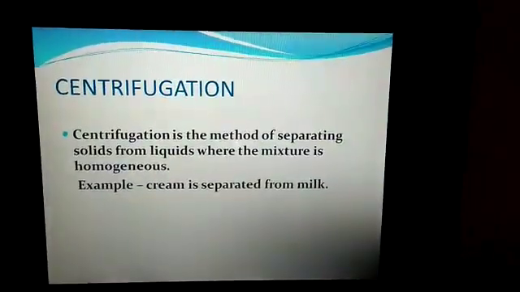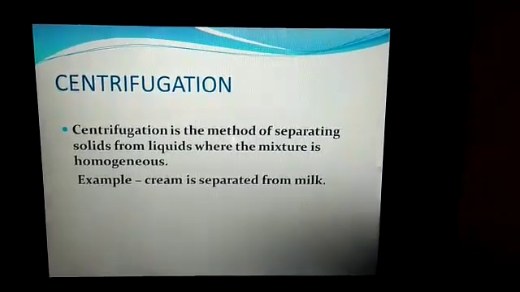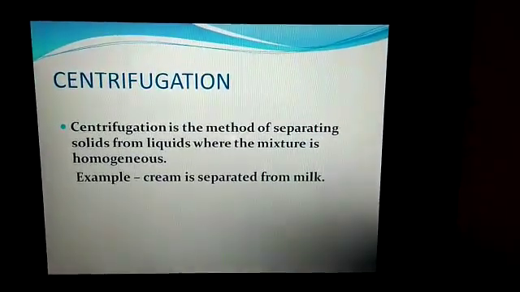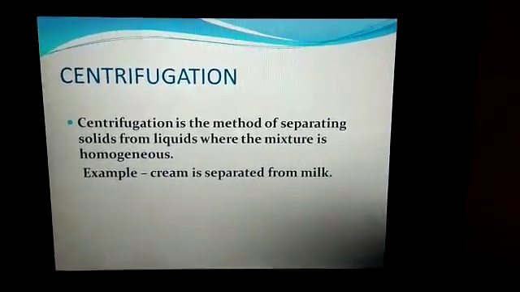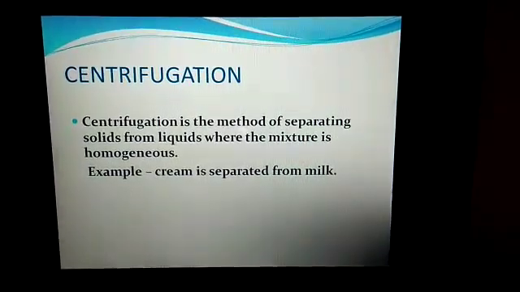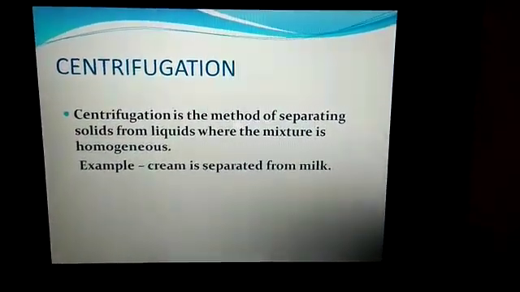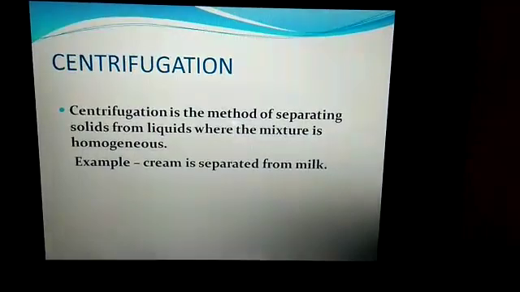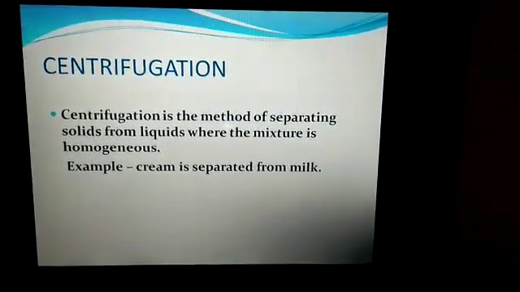In this way, the liquid and solids are separated. This method is also used in diagnostic laboratories for testing blood and urine.